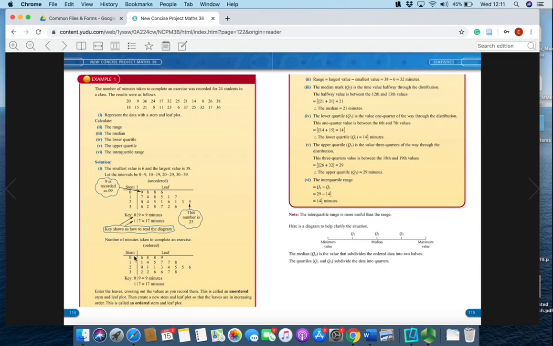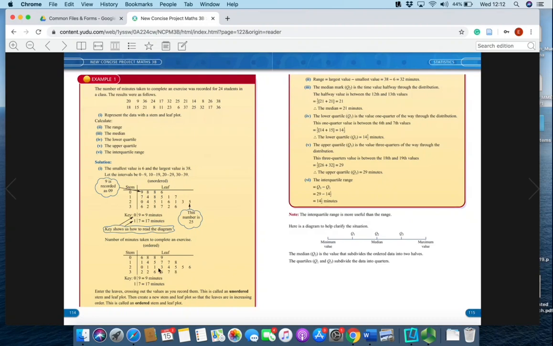When you start at the start, you have to start with the smallest value, so you're counting from left to right. Some people are really good at doing that in a stem and leaf, some people go the wrong way. If you're one of those that goes the wrong way, just write the values down and find the middle value. I am one of those people who go the wrong way, so I have to write it down.